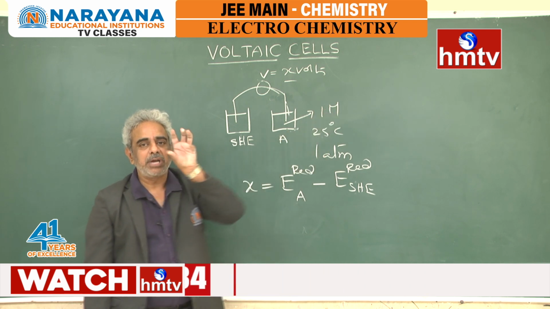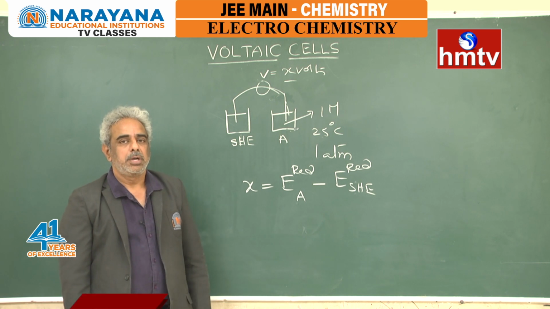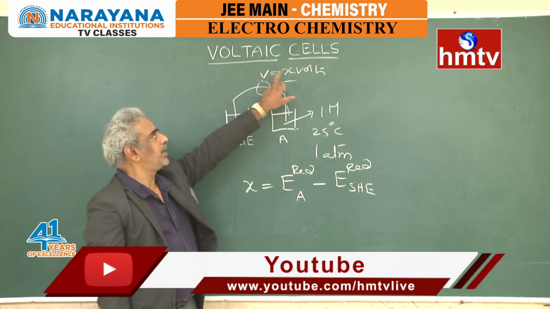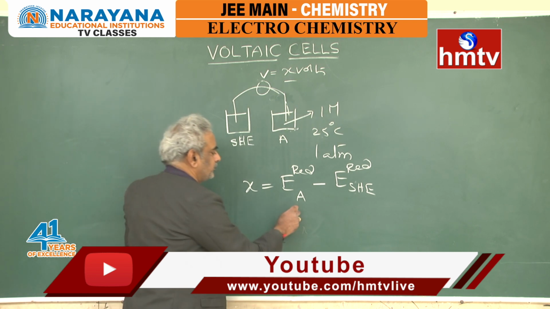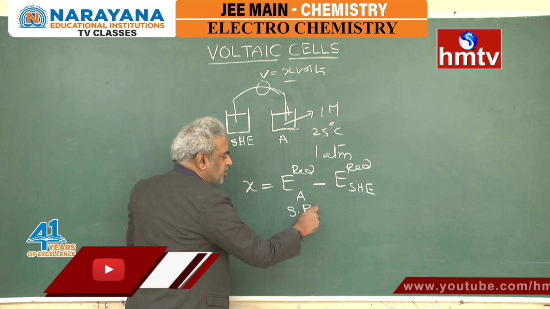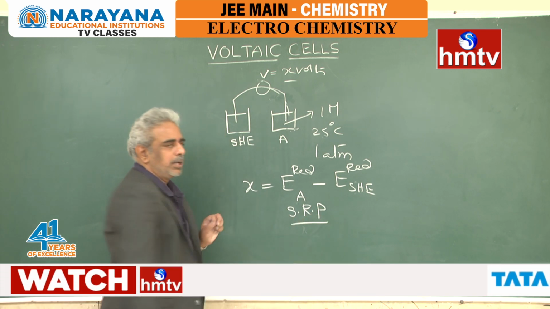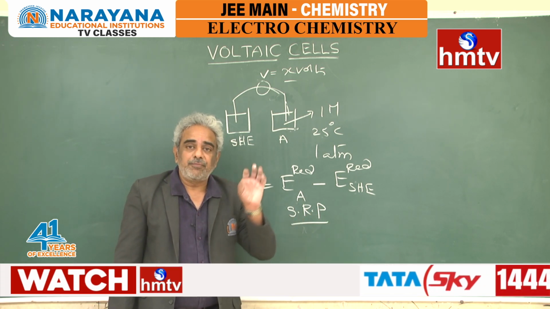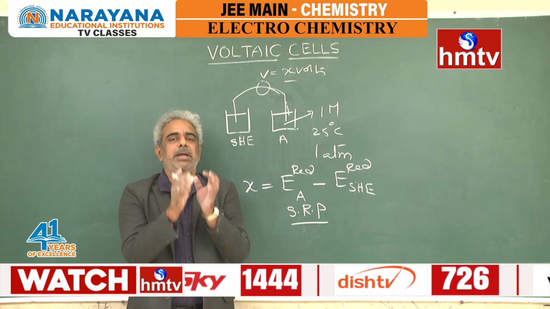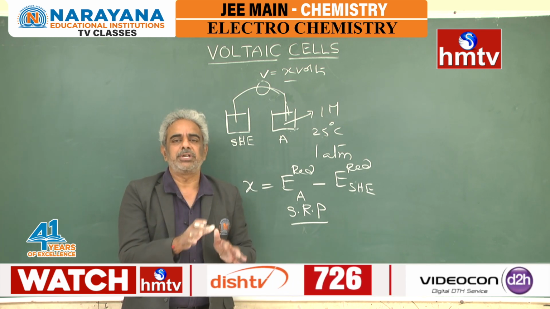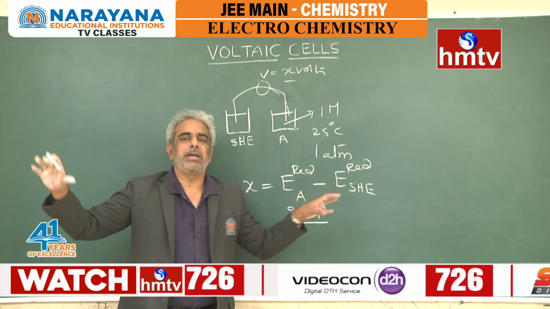These are called the standard conditions. So, whatever potential is recorded here is the standard reduction potential, SRP of A. So, like this, you can determine the standard reduction potentials of various electrodes.